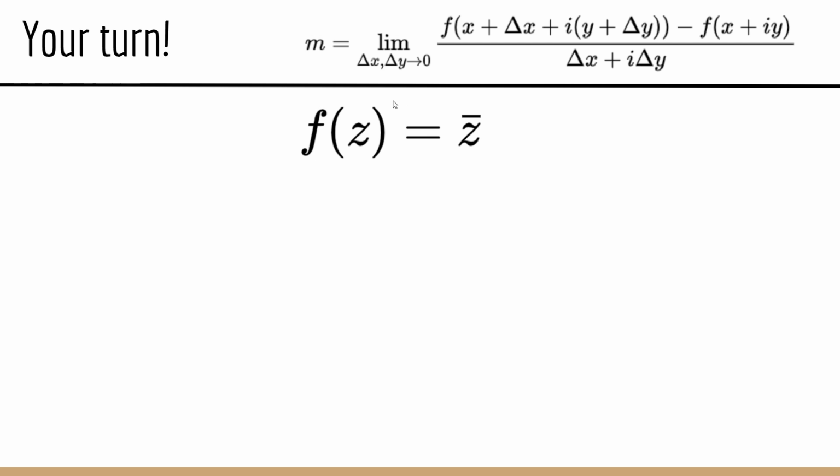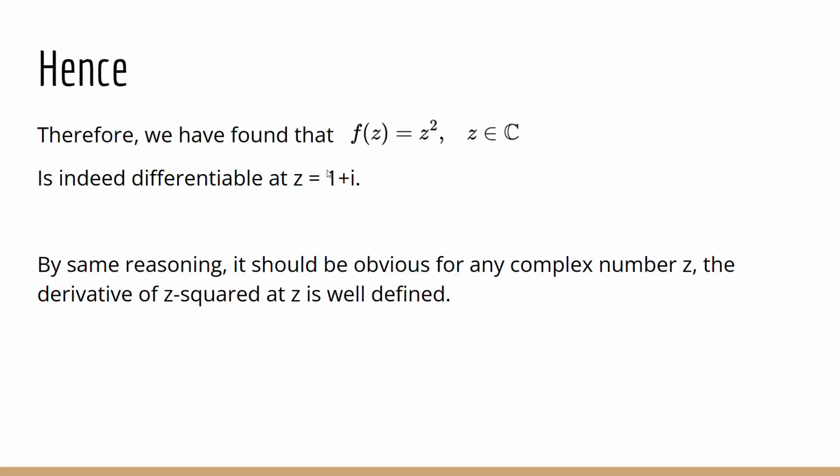Can you try to prove that f of z equals z conjugate, this function, is not complex differentiable? When I say it's not complex differentiable, it means that the gradient you calculate for two different directions of approach to a point is not the same.